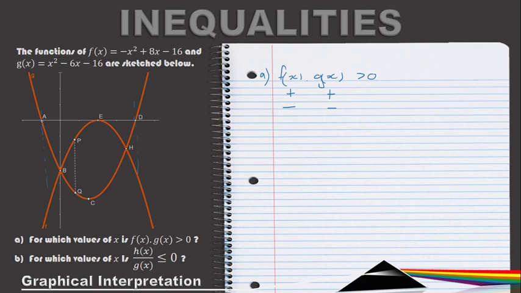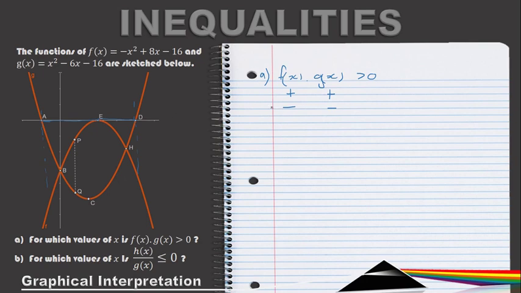So from this A, this x-intercept, up until D, both of them lie underneath, except over here where the graphs intersect. So it's actually from A to E and from E to D, but not on E.